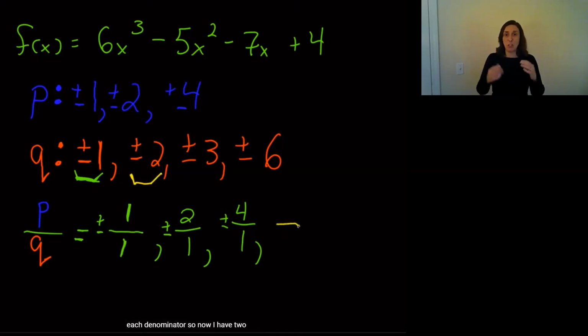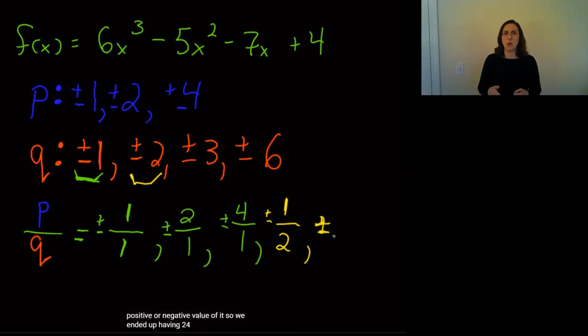So now I have 2 on the denominator, and I can have 1 on the numerator with a plus or minus in the front. Plus or minuses are the norm here. We're either going to get the positive or negative value of it. So we end up having 24 possible roots to this 3rd degree polynomial.